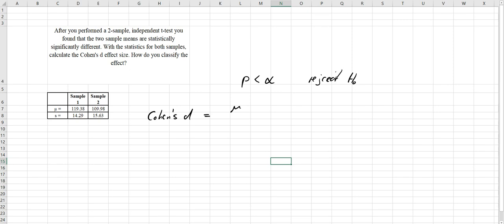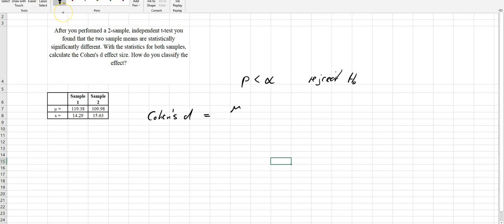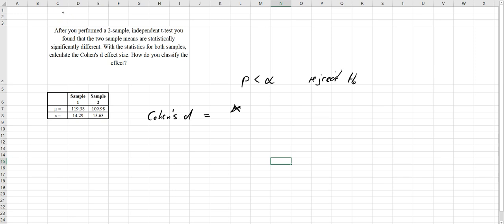So that would be, I should write in this case, x bar 1 minus x bar 2, divided by the average of the two standard deviations. So we can very easily calculate that.